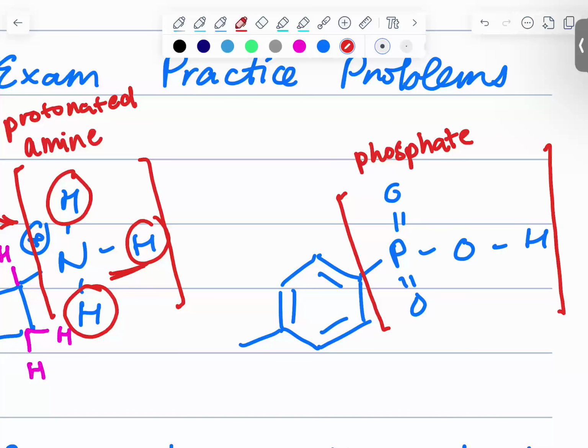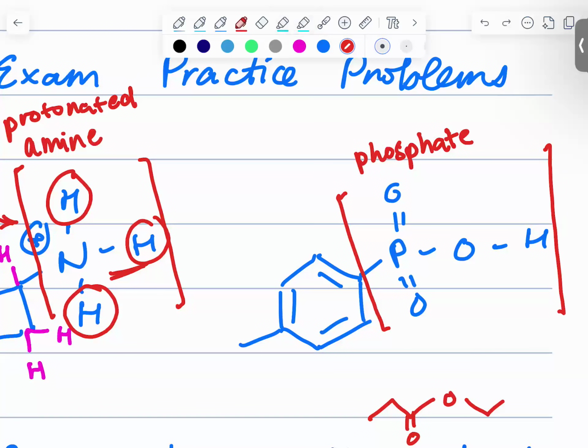Diester would, or what is an ester as a functional group? So if it was inside a carbon chain, we would have an ester, but this is not, there's not another carbon coming off anywhere.